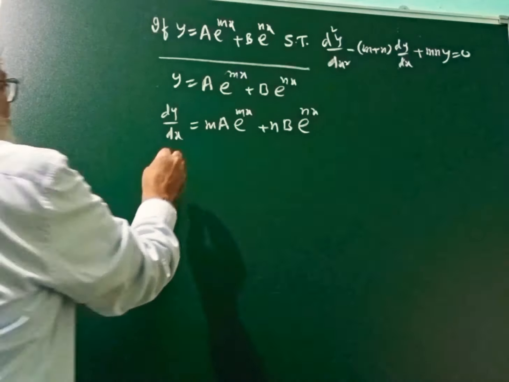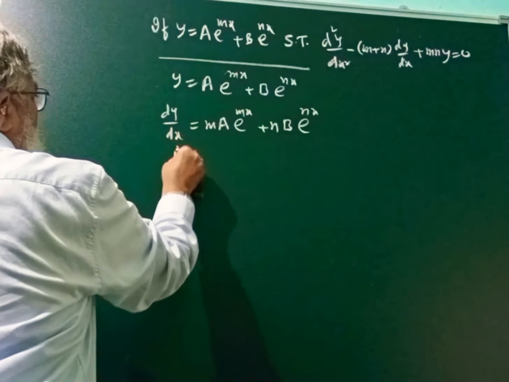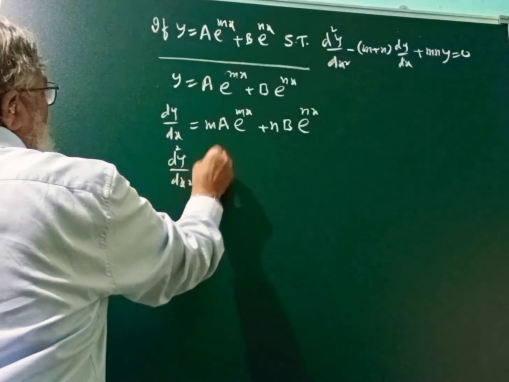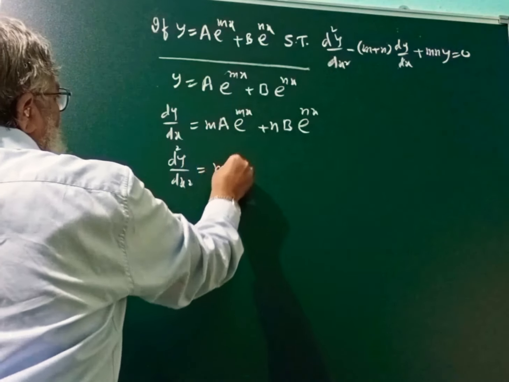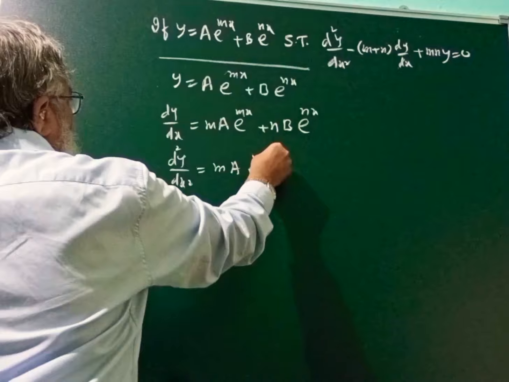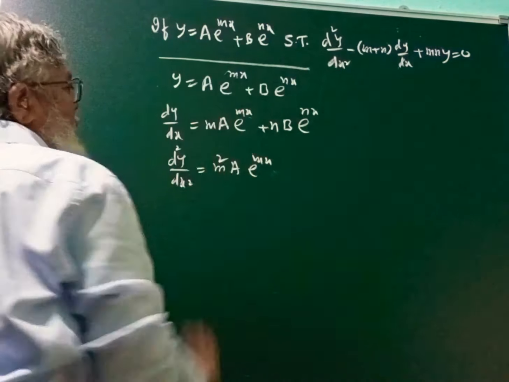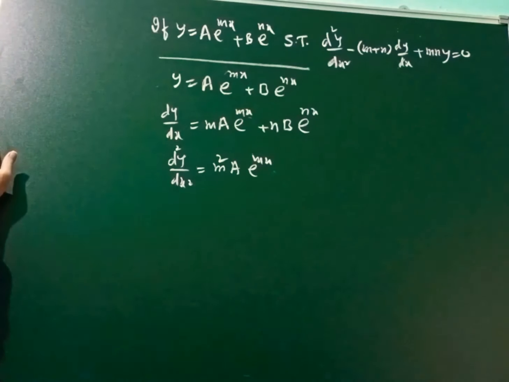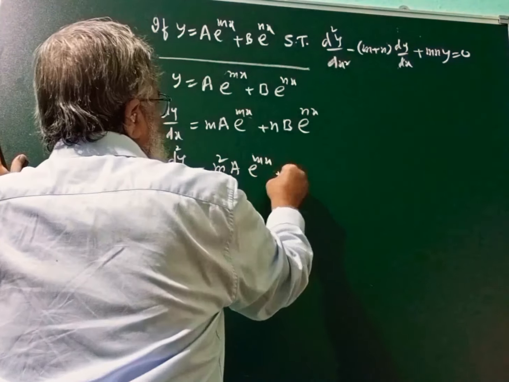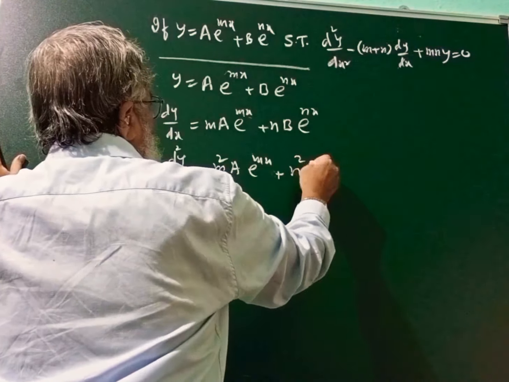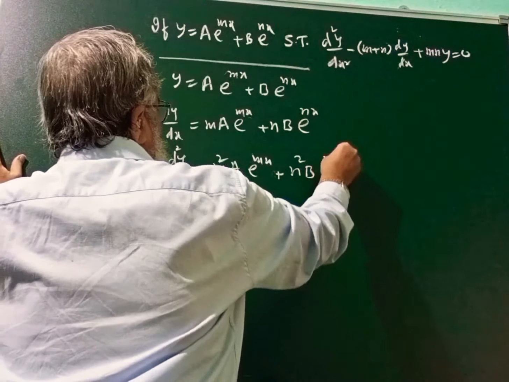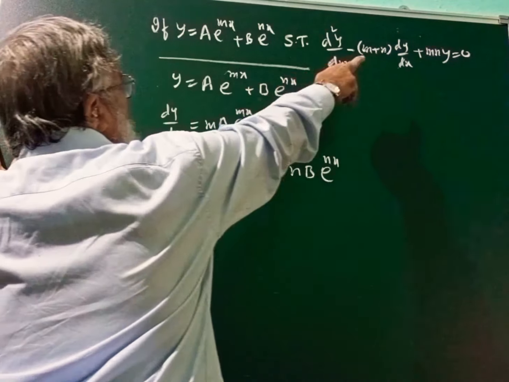Second differentiation, d square y by dx square: ma is constant, so differentiation of e is e only. Differentiation of mx is m, m into m, it will be m square. And here also, same way, plus n square into b e raised to nx. We have all these three quantities.